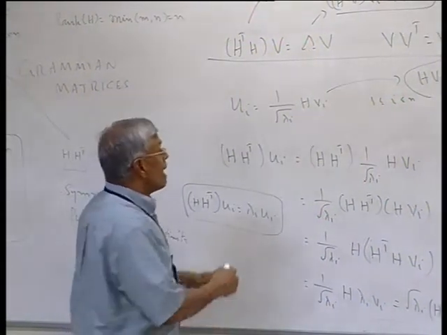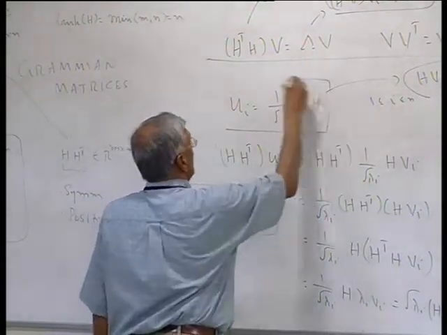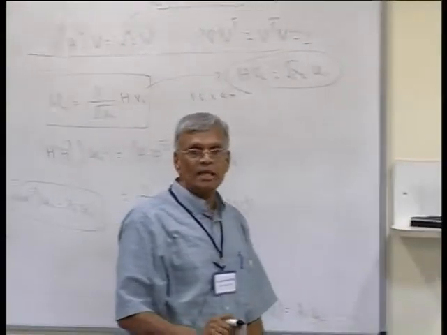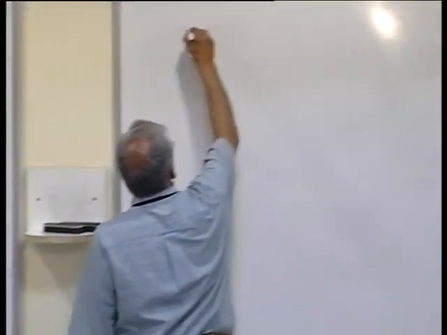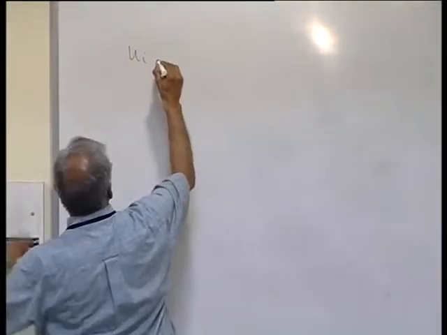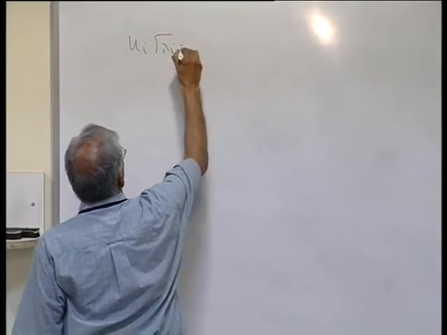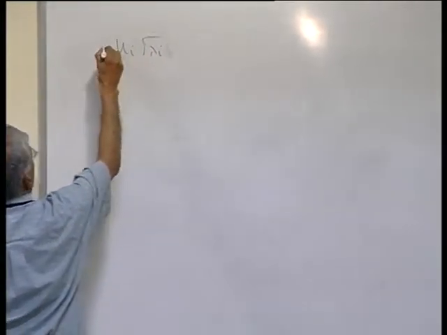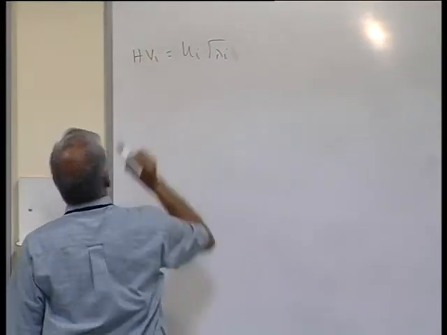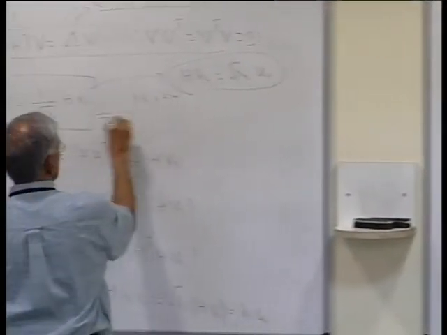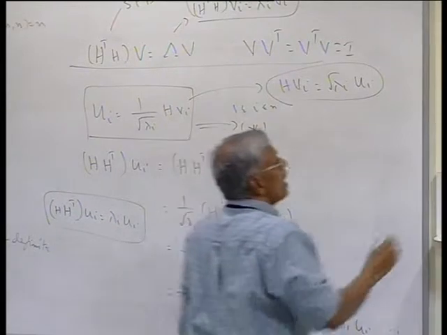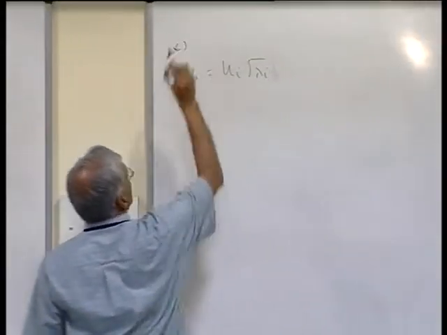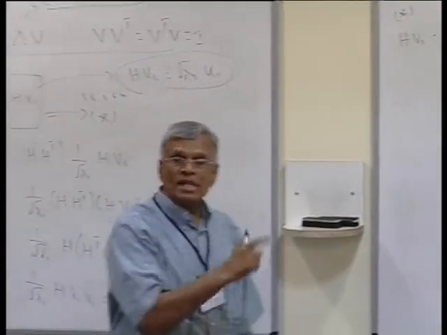So that's the first. Now I'm going to concentrate on this one. So UI, how can I write this? UI square root of lambda I will change the sign. This is H of Vi. So let me call this relation as star. Star can be rewritten like this. And how many such relations are there?